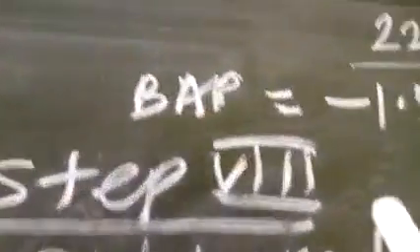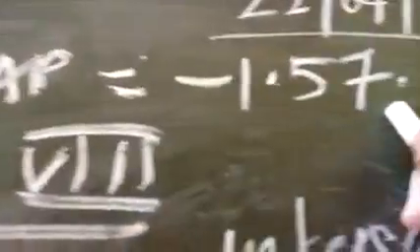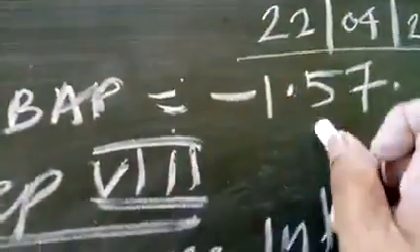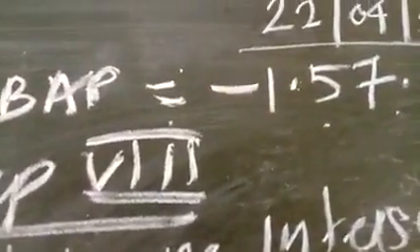So finally the BAP, the breakaway point, is minus 1.57. Remember this part. Also we indicate the minus 1.57 on the S plane.